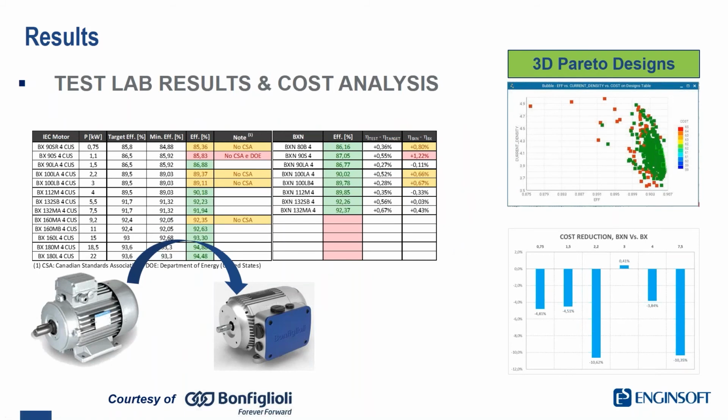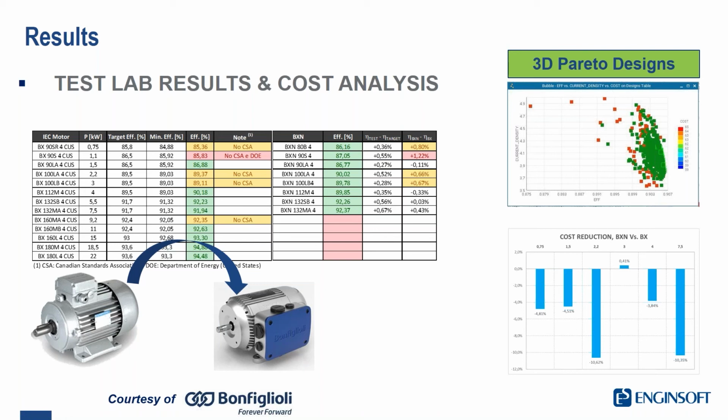On the right side, you can see an example of 3D Pareto designs. In that case, we have on the x-axis the efficiency, on the y-axis the current density, and the color represents the cost for our product. But you can obviously also analyze multi-space Pareto designs, so more than 3 dimensions, let me say.